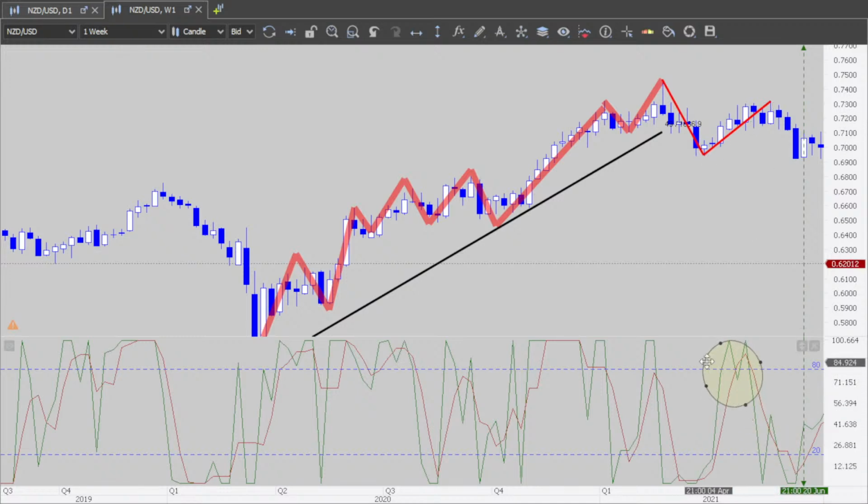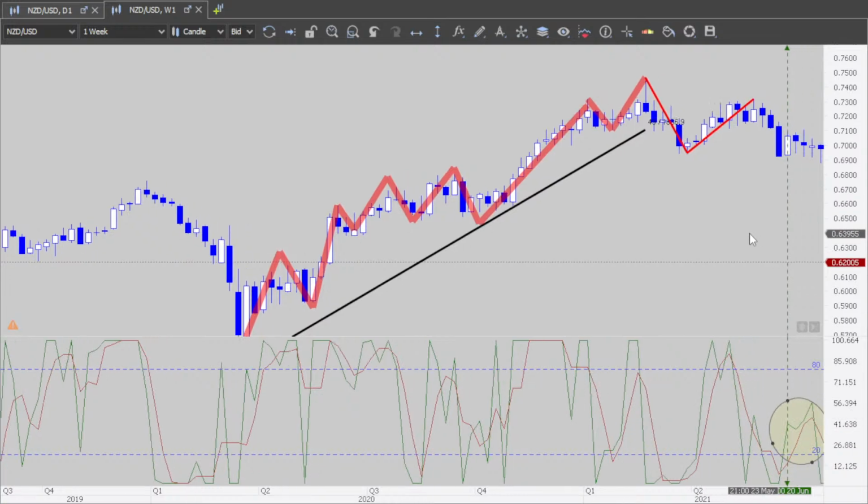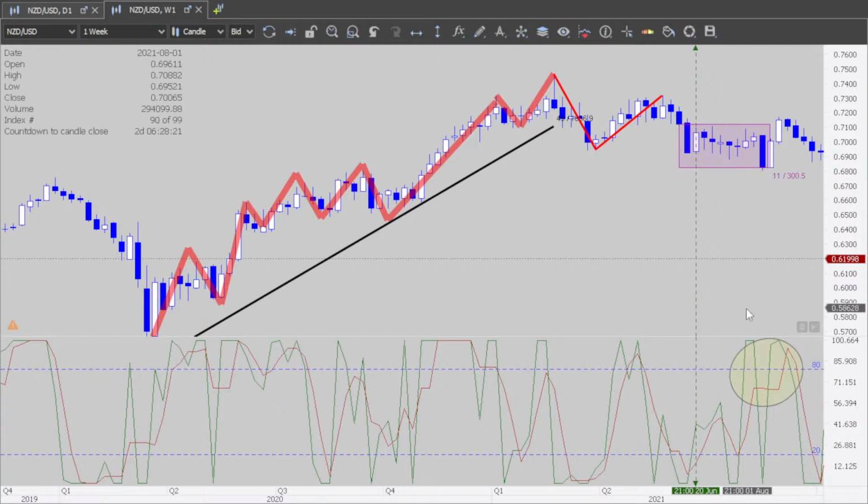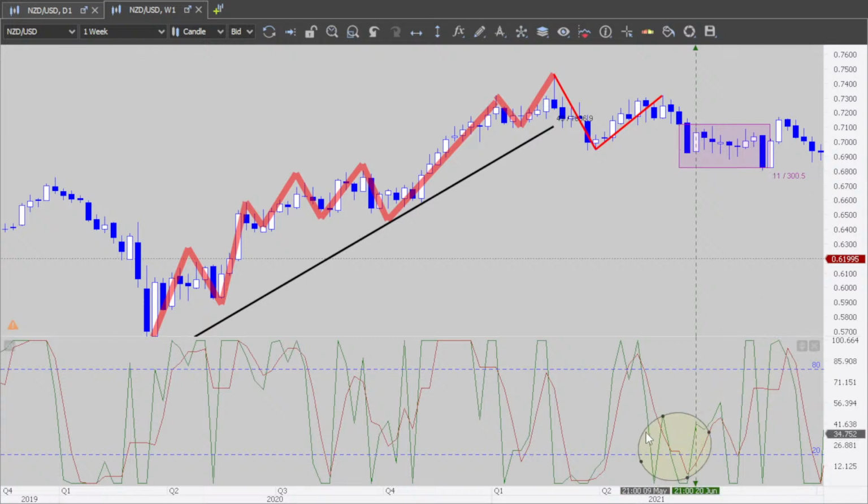But in this example, stochastic was leaving the buy zone. Did the market go up? It went down. So even if the market went up in here, did the market go up from here to here? This was the buy zone, this was the sell zone.